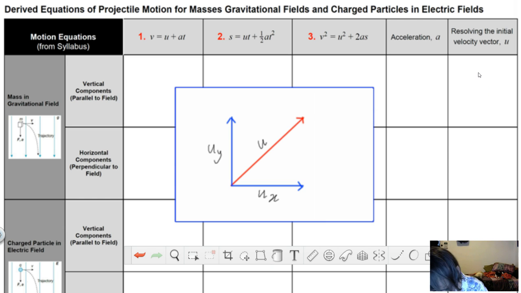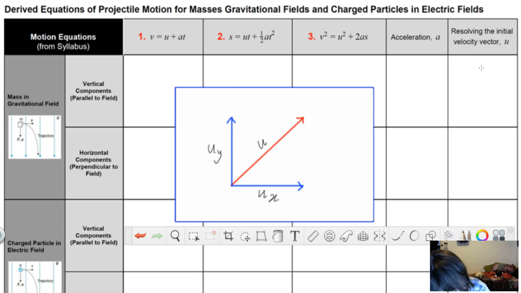Recall that I use a question and an answer. Y? Sine. And the response is cos x. So the equation for resolving the initial velocity into the vertical component is uy equals u sine theta. And the equation for the horizontal component is ux equals u cos theta.